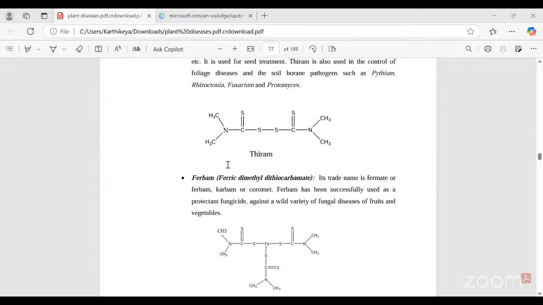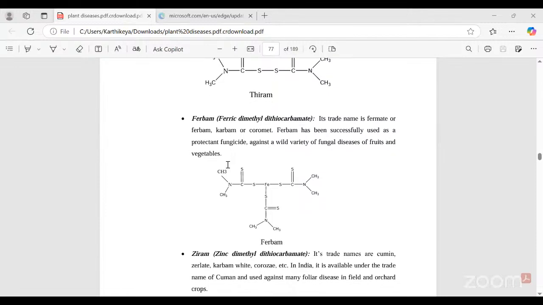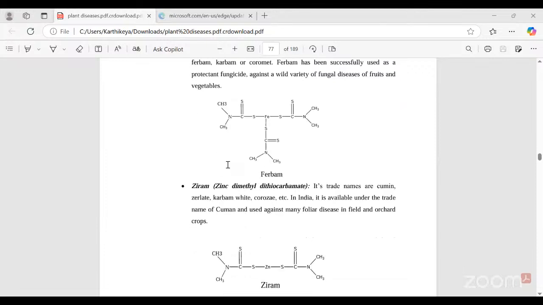Next, ferbam, ferric dimethyl dithiocarbamate. Its trade name is Fermate. Ferbam has been successfully used as a protective fungicide against a wide variety of fungal diseases of fruits and vegetables.